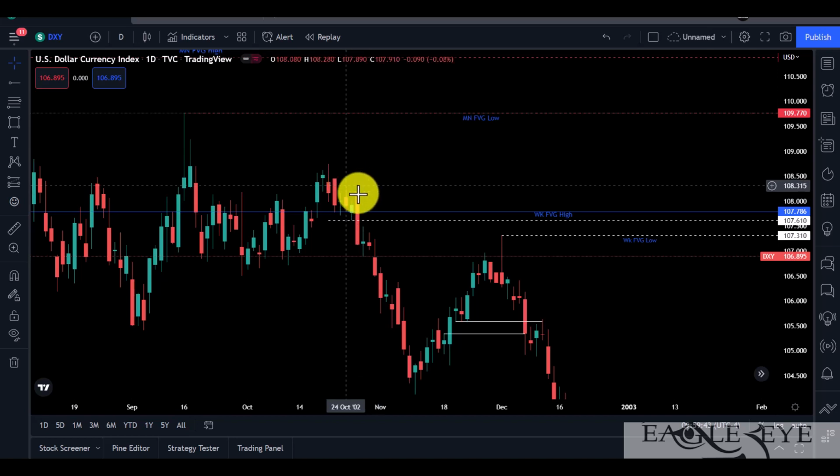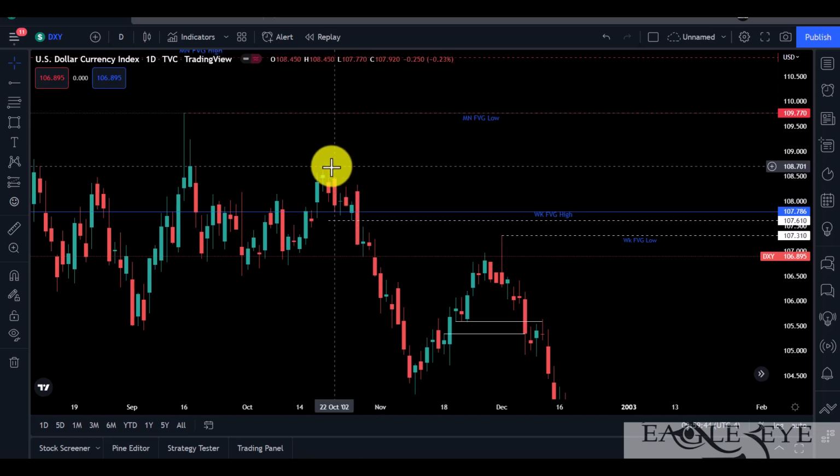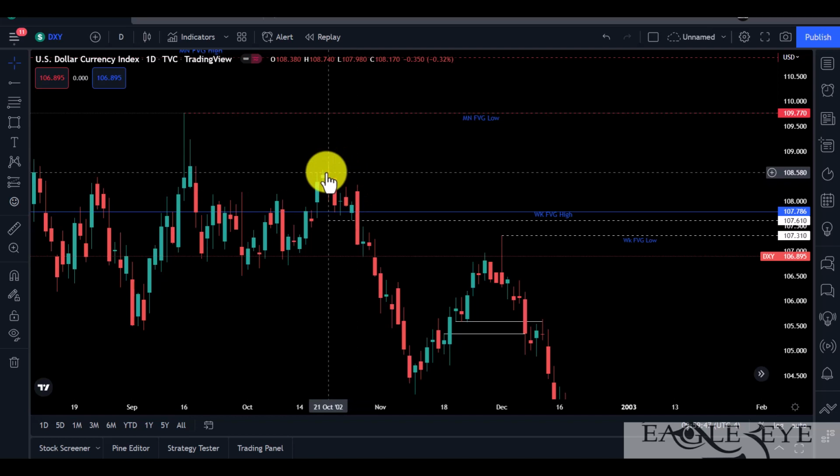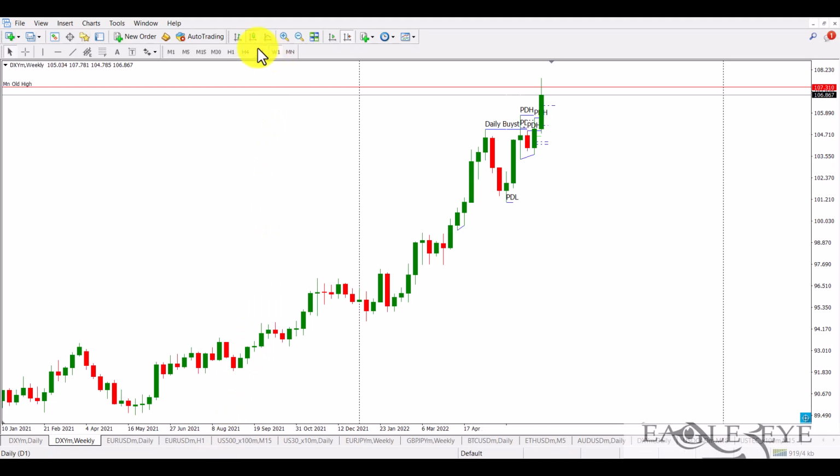When we run into this high, we then target this particular high, which is 108.740. So the ultimate target is this high, 108.740.